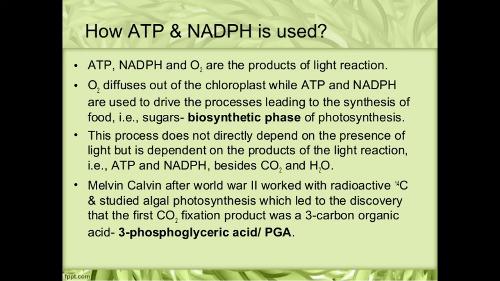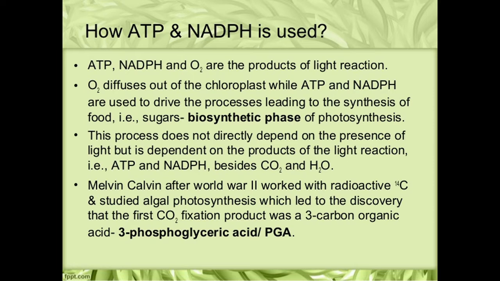Plants in which CO2 is initially fixed as 3-phosphoglyceric acid are known as C3 plants because the first stable compound formed is a 3-carbon compound, so we call them C3 plants. Calvin cycle occurs in the stroma of a chloroplast.